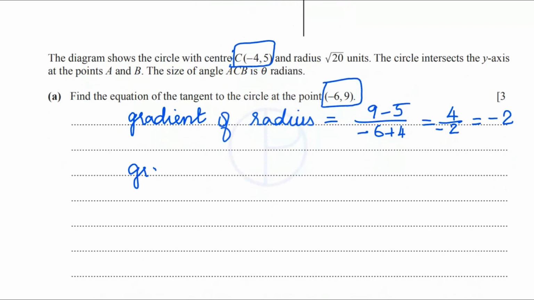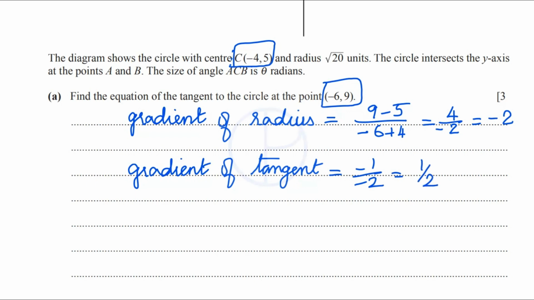So what's the gradient of the tangent? Negative 1 over the gradient of the radius. So which is nothing but negative 1 over negative 2, which is 1 over 2, the gradient of the tangent. Now we know the gradient of the tangent and we know one point which lies on the tangent.